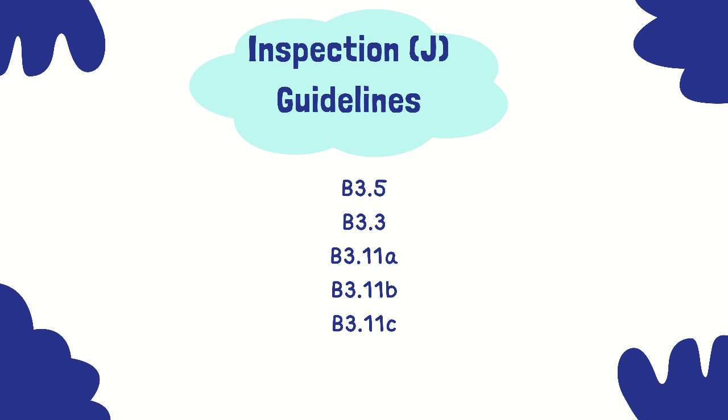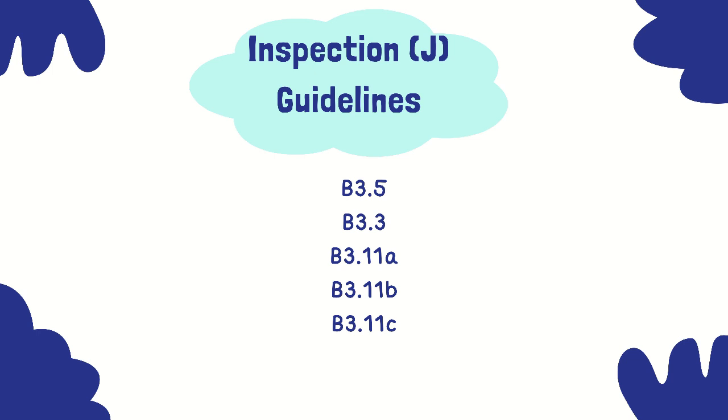B3.11b, if multiple tubular body parts are inspected, the most distal body part is coded. If multiple nontubular body parts in a region are inspected, the body part that specifies the entire area inspected is coded. And of course, these guidelines have examples.